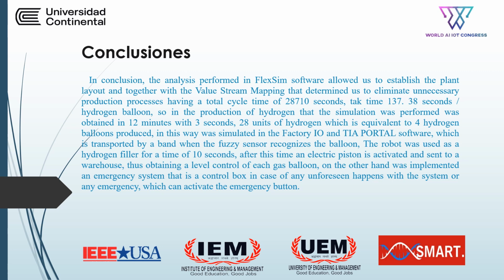In conclusion, the performance analysis in FlexSim software allowed establishing the plant layout, and together with value stream mapping it was determined to eliminate unnecessary production processes, having a total cycle time of 28,710 seconds.